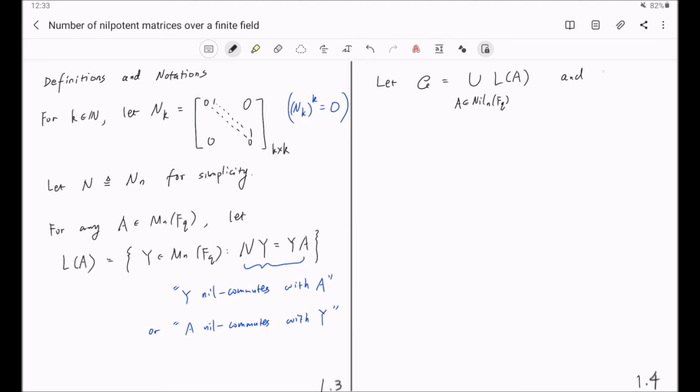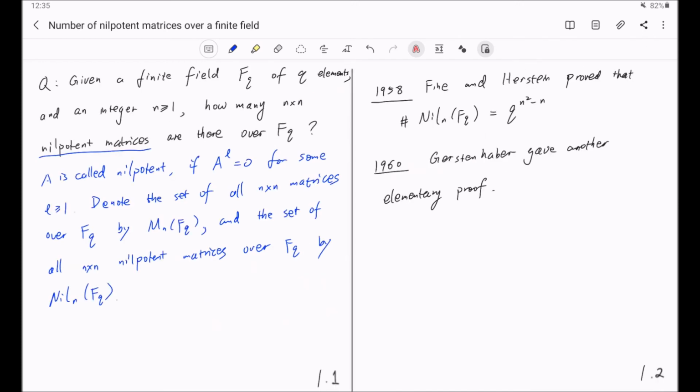And the matrices in this script A will be called admissible matrices. With those notions introduced, we are going to talk about a couple of lemmas that will lead to the resolution of this question, or a proof of Fine-Herstein theorem due to Gerstenhaber.